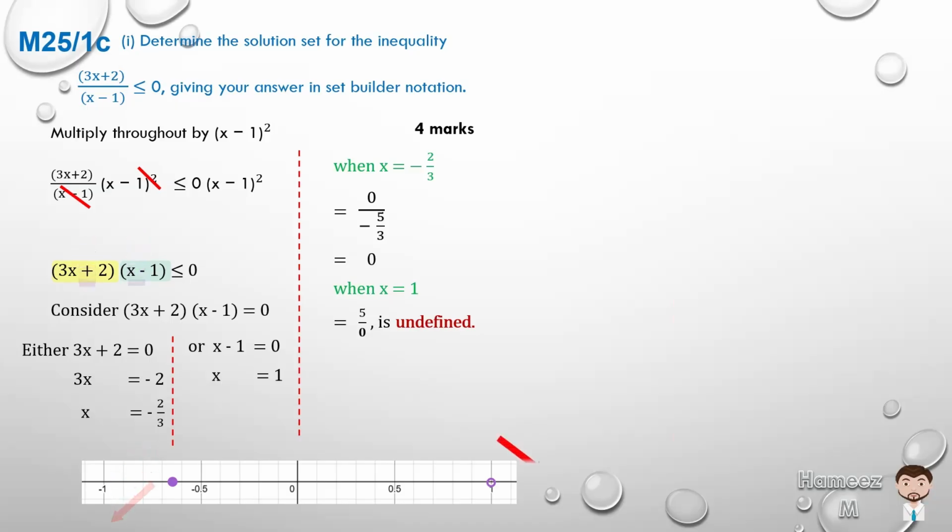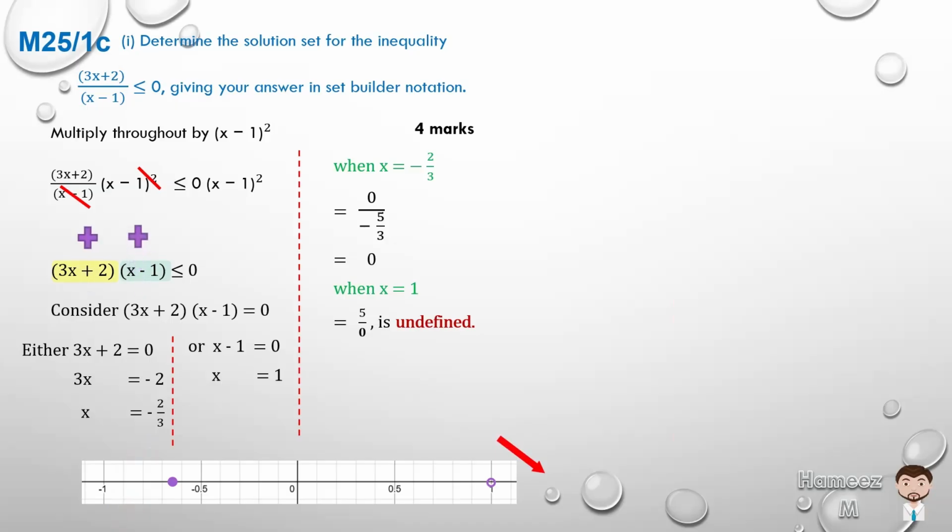All right, let's change it. And let's look at the right of the empty set of 1. So let's pick any value you want. We could use 10 if you wish. So 3 10s are 30. 30 plus 2 is 32. That's plus 32. And 10 minus 1 is 9, plus 9.